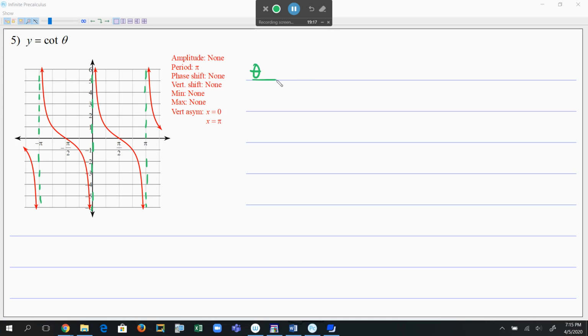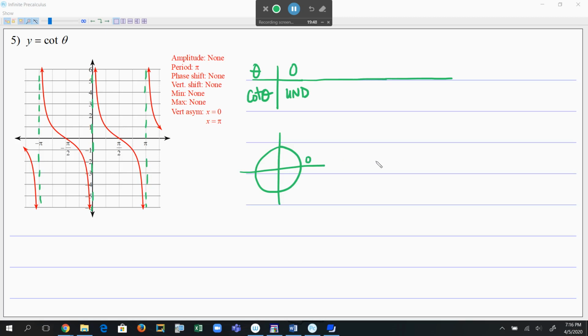Now you can also look at it from a table. If we create a table for the cotangent function, the cotangent of 0 will be undefined. Again, if you wonder why undefined, I'm going to show you quickly here. From the unit circle, this is 0.